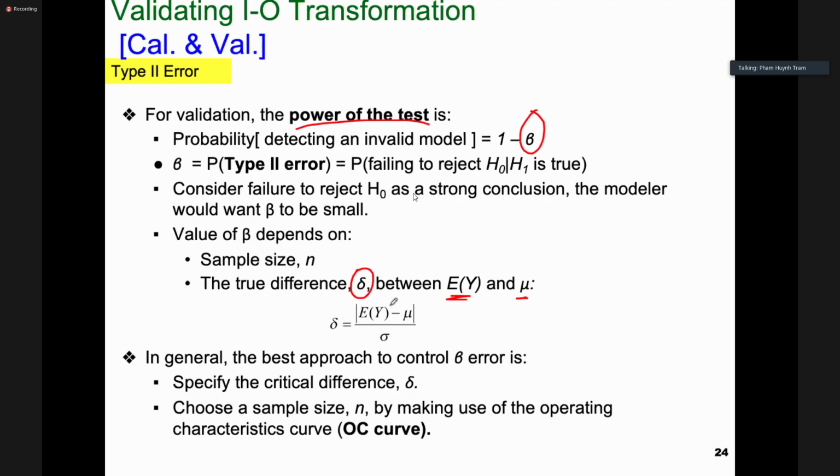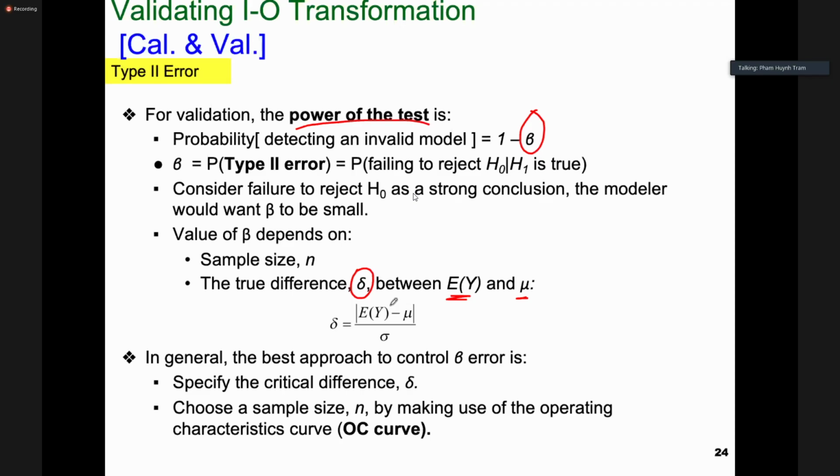So like what I mentioned before, this refers to the practical difference that we expect between our model and the real system. So you may ask the manager of the system, what is the difference you expect between the simulation model and the real system? Okay, if he says, well, I allow 5 minutes difference between your simulation model and my system, if your simulation model gives a result that is about 5 minutes different from my system, I consider it the same.